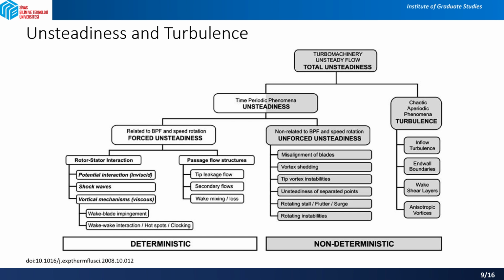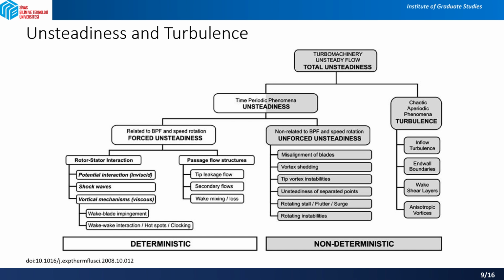But for the unsteady phenomena, there is this paper, and you can refer to it to see this figure. In this paper, they tried to categorize this unsteadiness in the turbomachinery as forced and unforced unsteadiness.